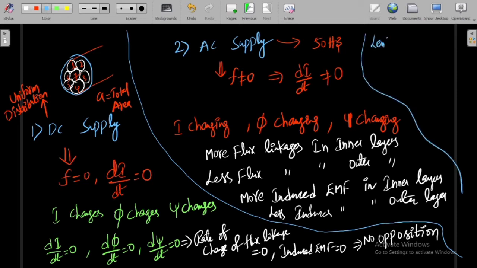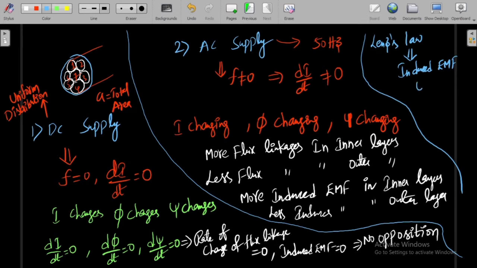When we have an induced EMF, what will this induced EMF do? According to Lenz law, if you recall this, the induced EMF always opposes the current, right? Induced EMF or the effect always opposes the cause. What is the cause? Because of the current, you have some magnetic flux.